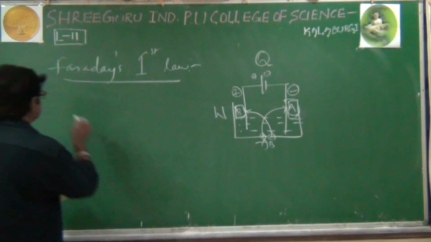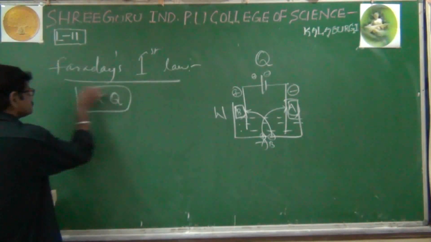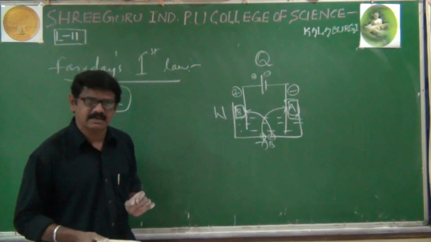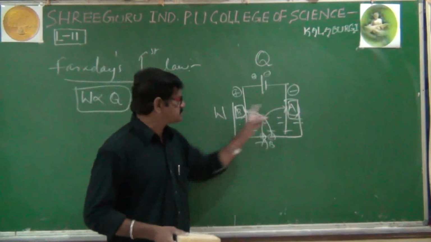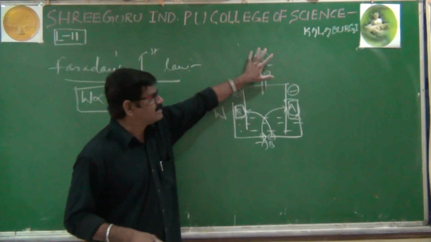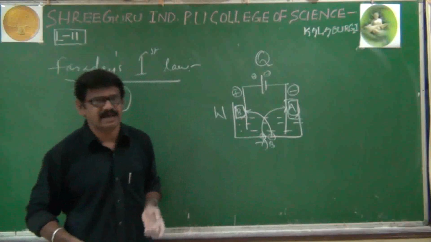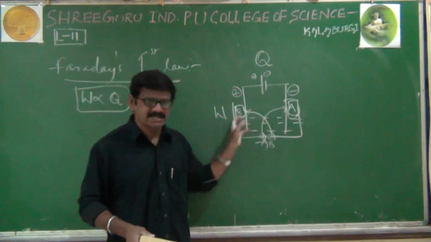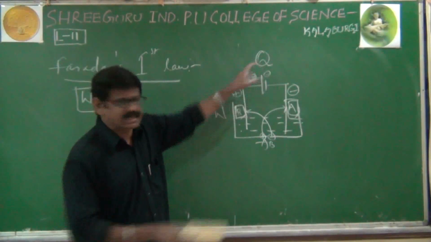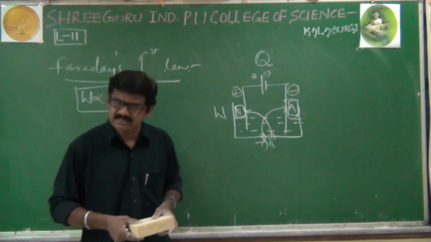We'll write like this. Therefore, W is proportional to Q. It is based on Faraday's first law. Now, how to define Faraday's first law? Very simple. The amount of substance deposited at electrodes is directly proportional to the quantity of current passed into the electrolytic solution, is called as Faraday's first law.